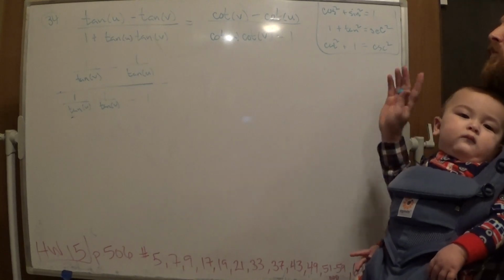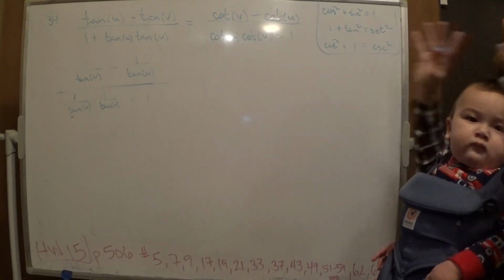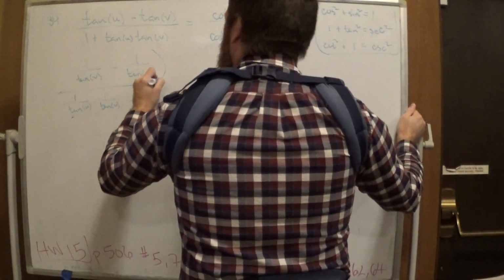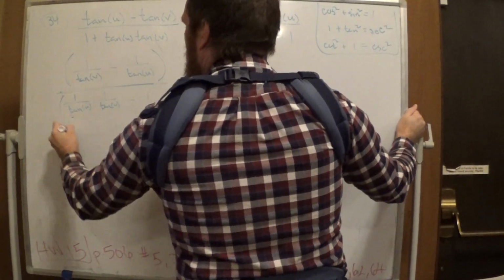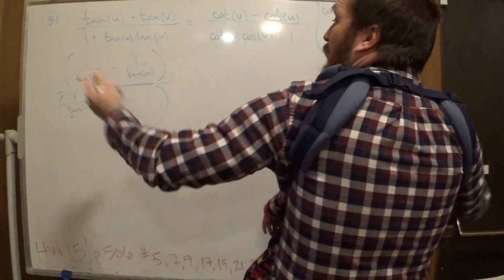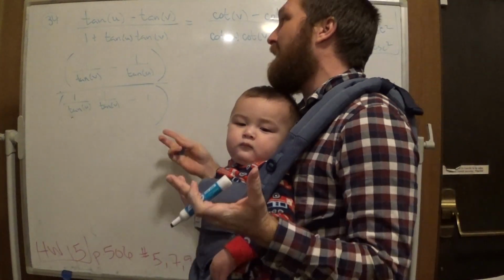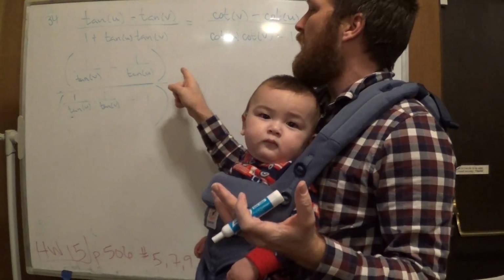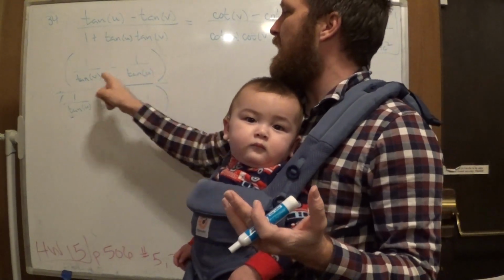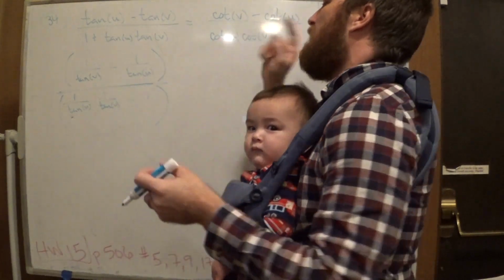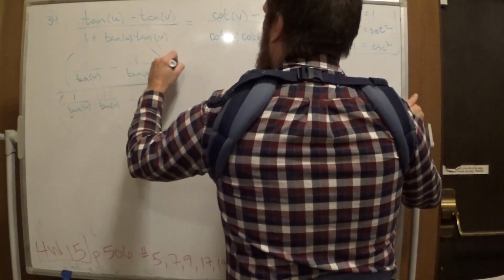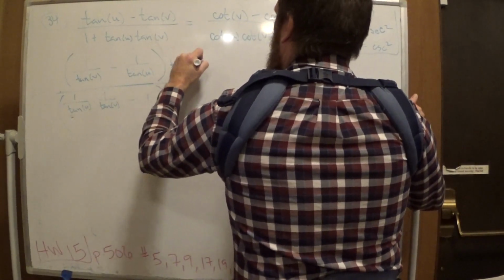When you see something like that, what does your brain scream at you? Kill denominators. Oh, that's exactly what I wanted to hear. Yes, kill denominators, right? I don't know if that's going to help or not, but at least it'll make my life look easier. In order to kill all of those, I could do that with tan U tan V. So I'm going to do that on the top and on the bottom.